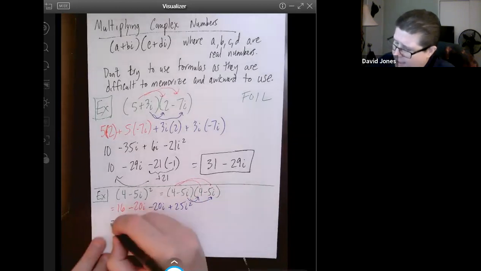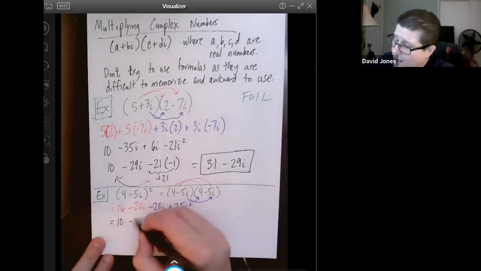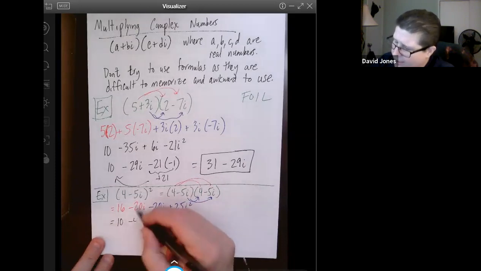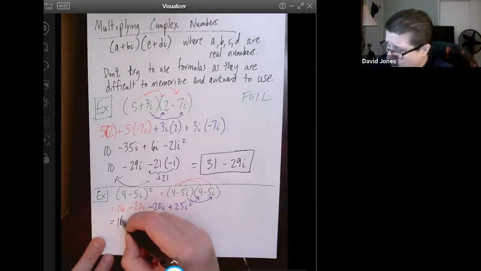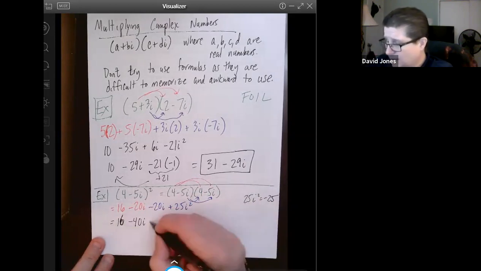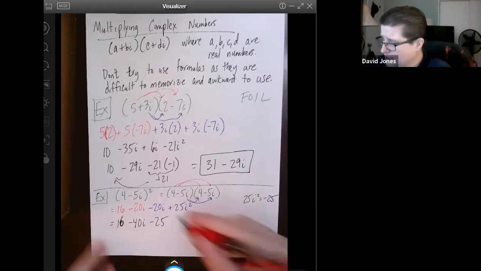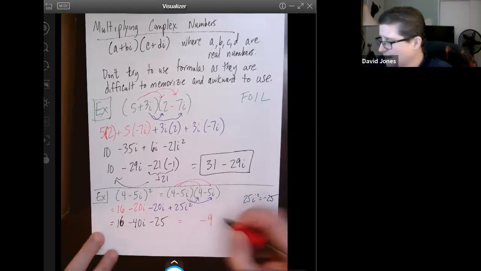Combining like terms and replacing the i squared with negative 1, I've got 16, and negative 20i and negative 20i make negative 40i. And i squared is negative 1, so 25i squared is negative 25. And finally, when I put them together, 16 minus 25 is negative 9. So I've got negative 9 minus 40i.